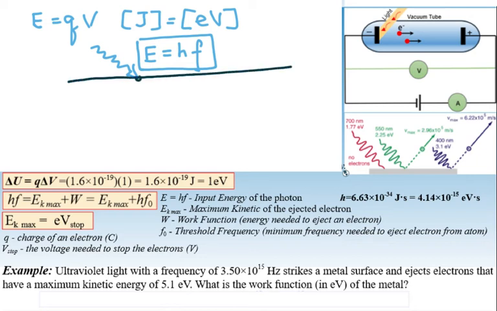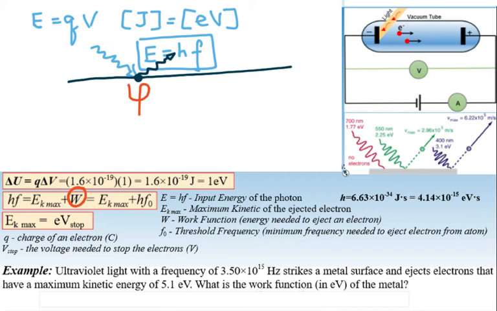From here, if there is enough energy, an electron is going to be released. But you have to rip the electron off from the surface, and every metal has a different work function. Sometimes you can see it as W, like right here, work function, or you can see something like this, that can be a work function.